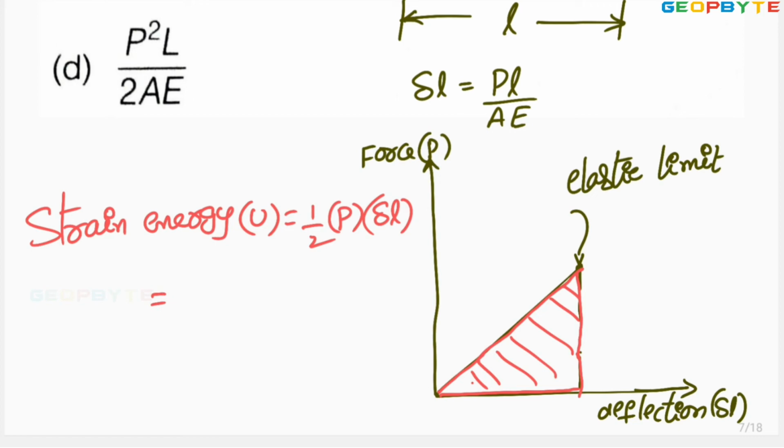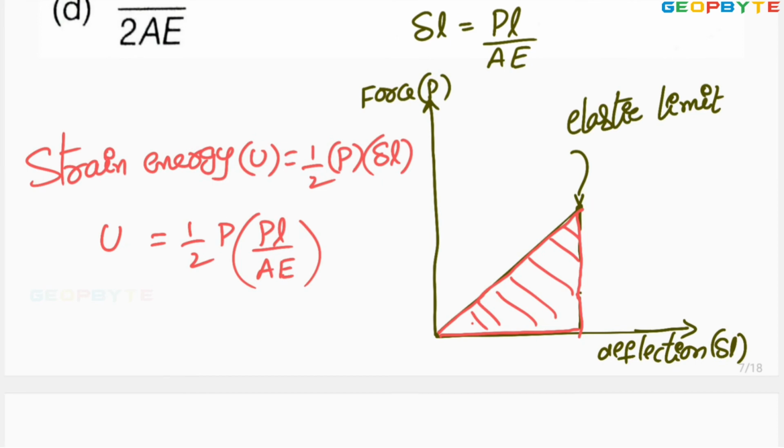Strain energy U equal to half into load into deflection, which is PL by AE. Simplify this value to get P square L by 2AE. This is the formula to decide the strain energy in terms of load and length.